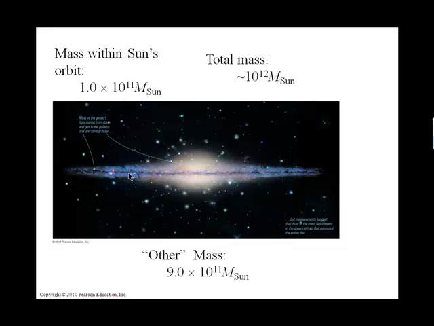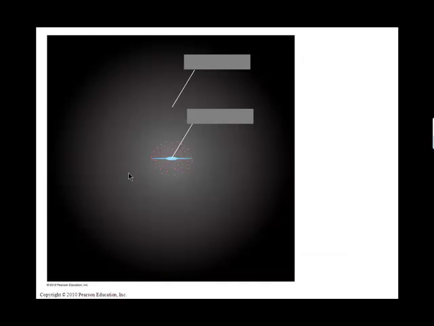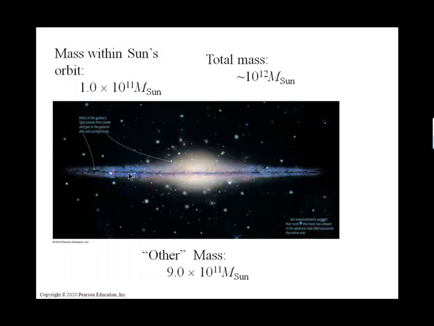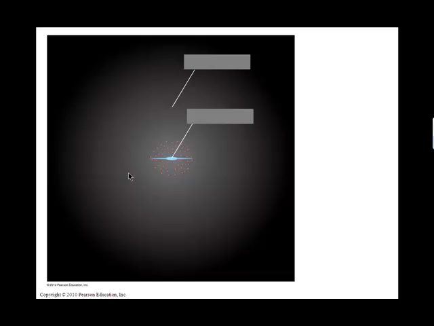And remember, the sun is about halfway from the nuclear bulge out to the edge of the disk of our galaxy. So that means that 90% of the mass associated with our galaxy is not within the sun's orbit. Okay, so there's just a lot of matter out there that's dark matter. That's my point. And that's what this is trying to show you.